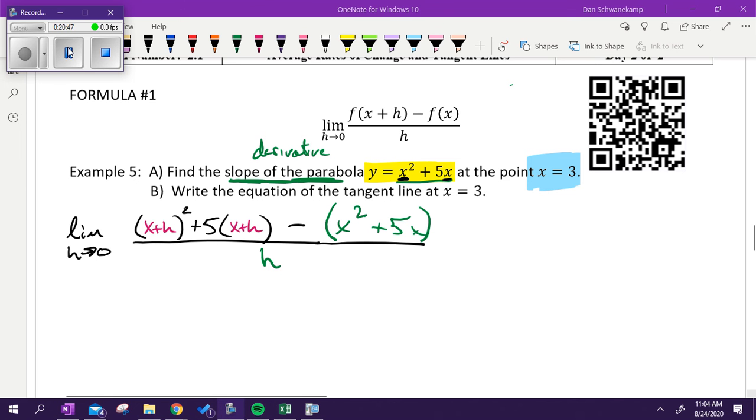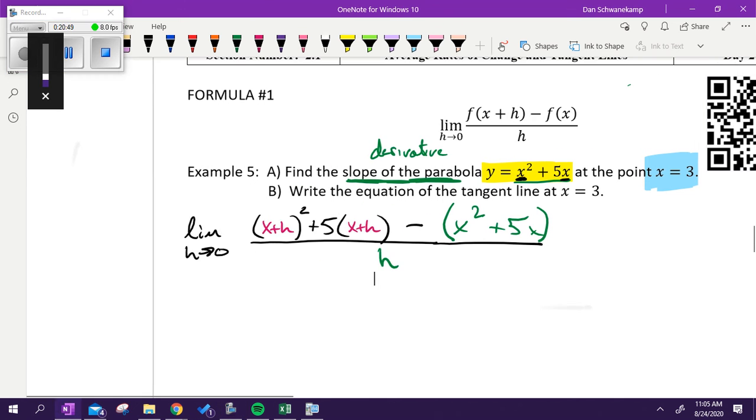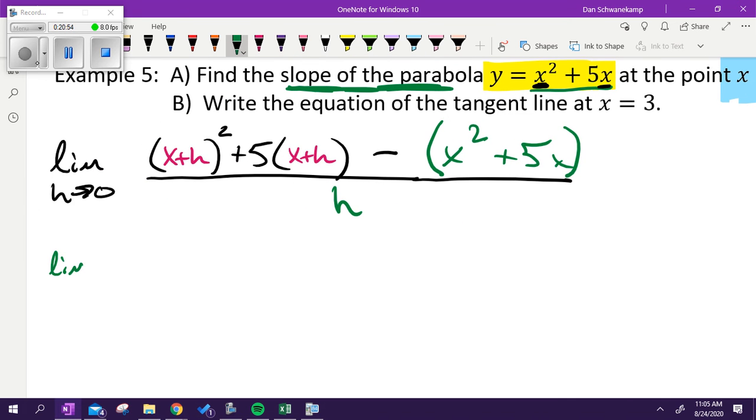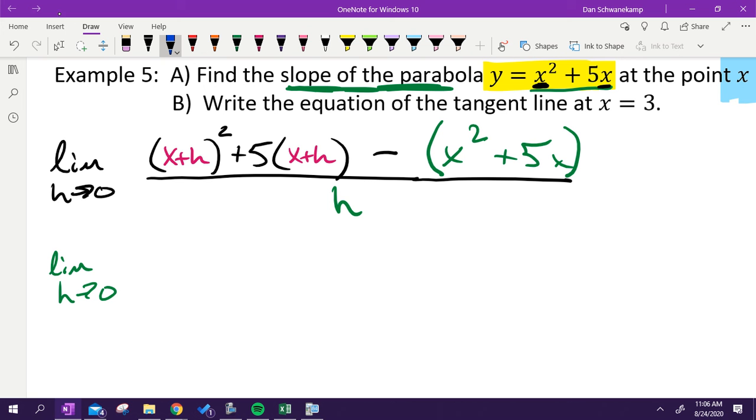Simplify that with your neighbor. So we're taking this and trying to simplify. Okay? If we were to plug in the limit right now, we would get 0 over 0. So we need to simplify this. So (x plus h) squared, you have to FOIL that out. We just did it a second ago. It gets you x squared plus 2xh plus h squared.